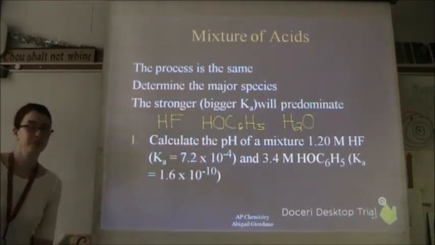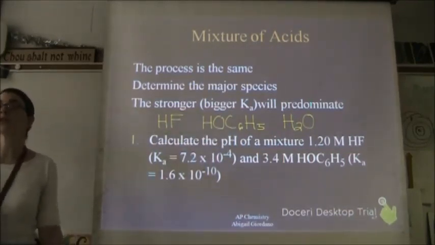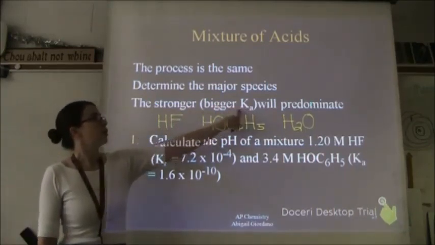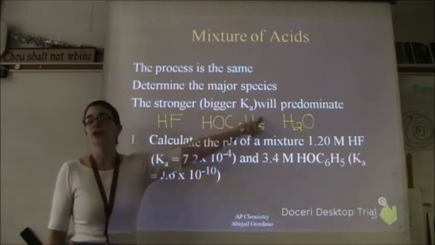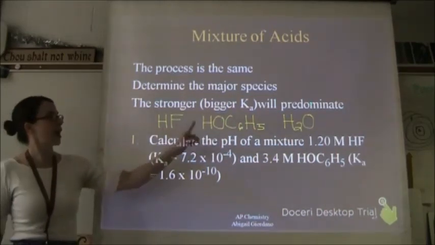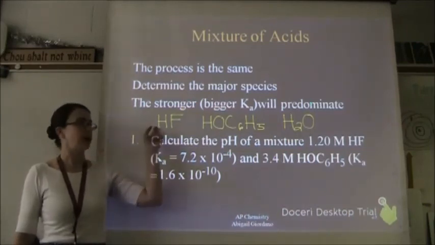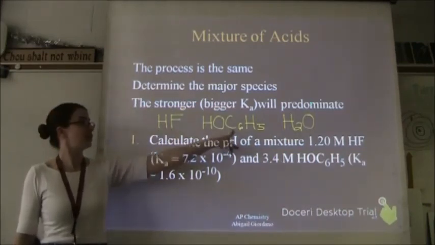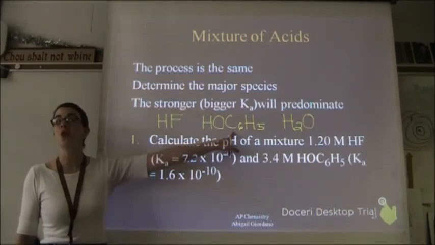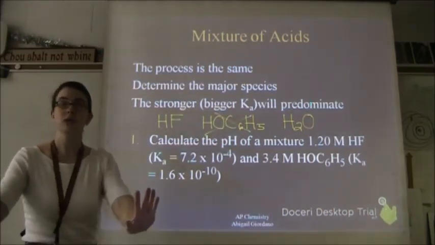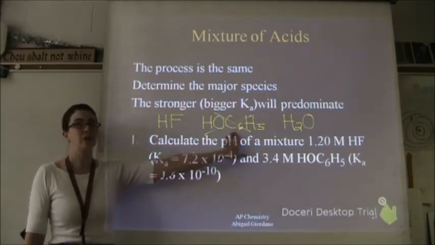No, you don't. You deal with whichever one is stronger. And how do you know that? Whichever one has the larger Ka. So which acid is that? Right. And guess what? That means you can completely ignore this other one. Let me make sure this is clear though.